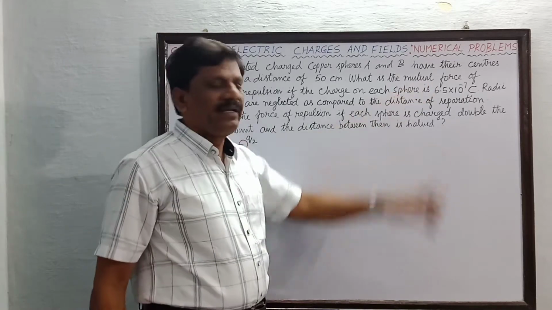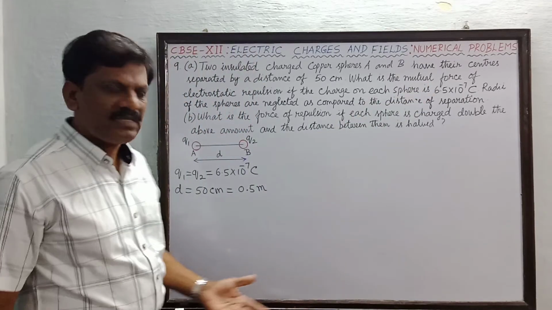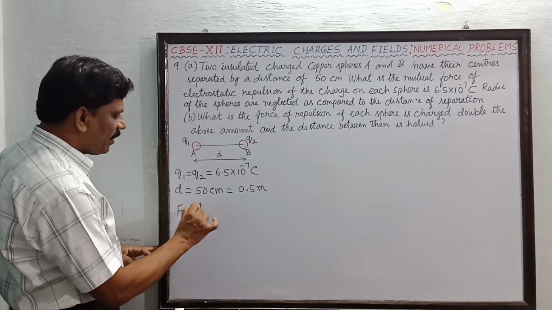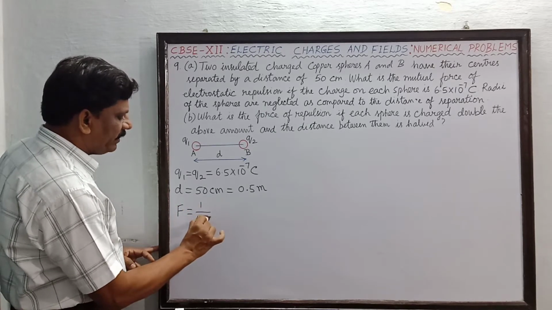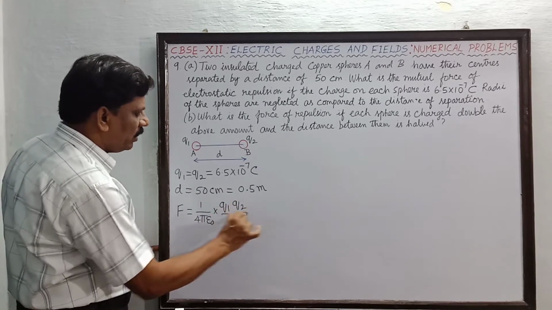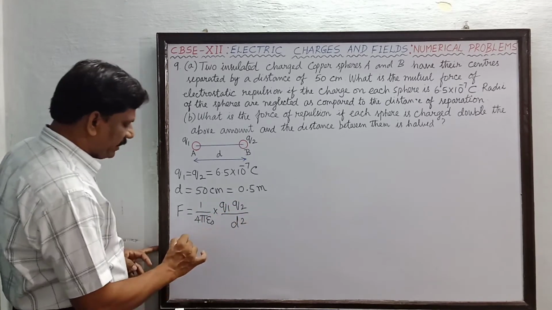So we have to directly apply Coulomb's inverse square law and find the force. F is equal to 1 by 4 pi epsilon naught into Q1 into Q2 divided by the distance square.